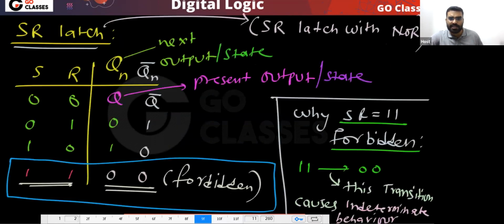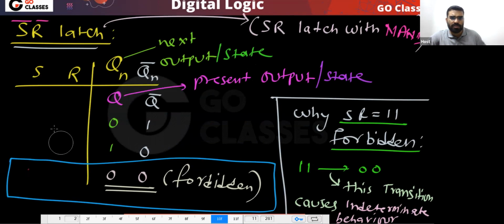Similarly, in the S bar R bar latch, what happens? S bar R bar latch means SR latch with NAND. In this situation, this is active low. This 1 1 is the unchanged state.